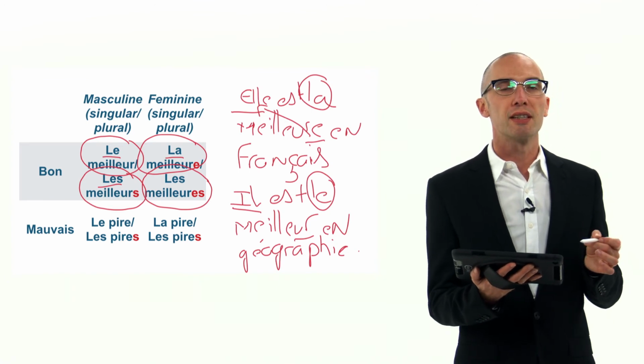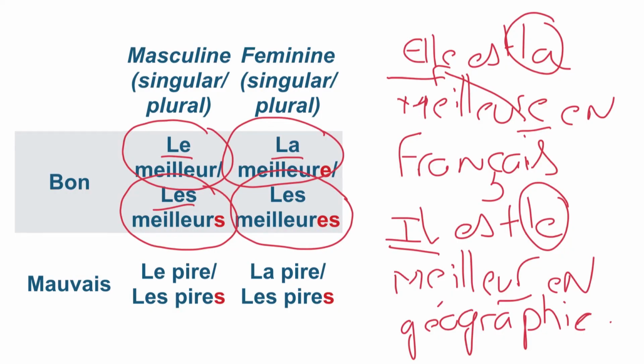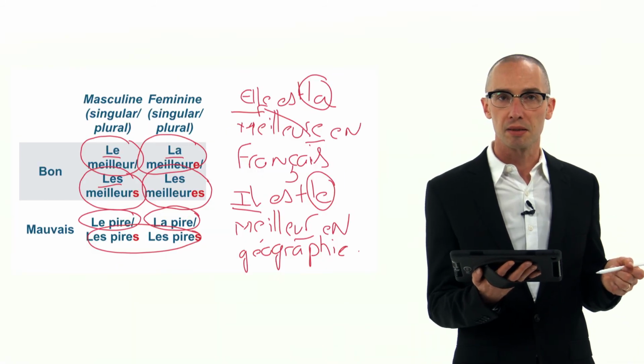So that was for the adjective bon, and mauvais will become le pire, masculine singular, la pire, feminine singular, and masculine and feminine plural, les pires. And same thing here, the pronunciation of pire is the same in all four cases.